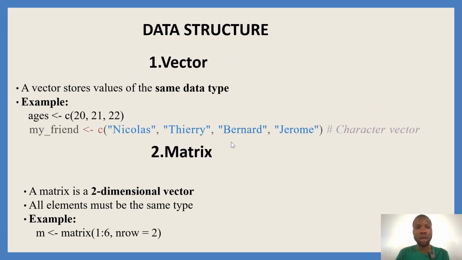So the data structure here, as a quick understanding before we go deep into each data type: the vector stores values of the same data type. That's what we can know, and this is an example. At the time we started, we saw how you create an object and a variable, assigning single values.